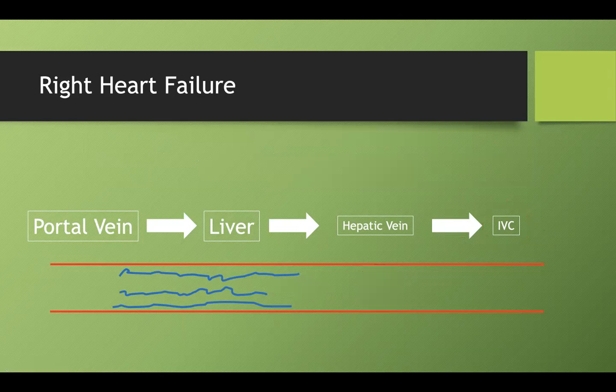Let's contrast that with right heart failure. Remember that our IVC and the SVC are the main veins that drain blood back to our heart. Here's a picture of our heart. Let's imagine that our heart's not working at all. Then fluid will back up proximal to that as well. So in addition to liver congestion and portal venous congestion, you're going to get congestion of your hepatic vein, your IVC, and your jugular veins.